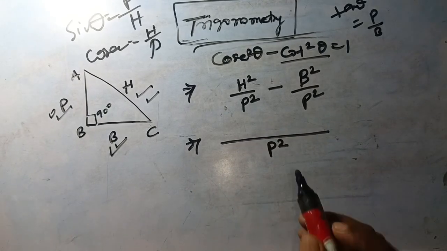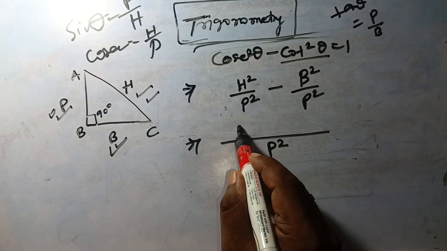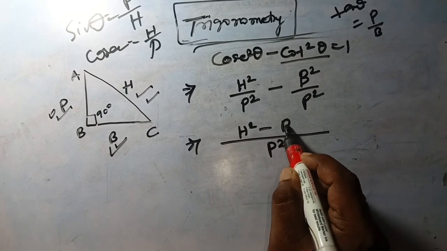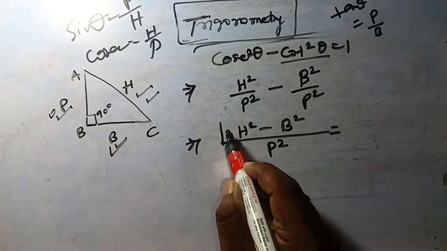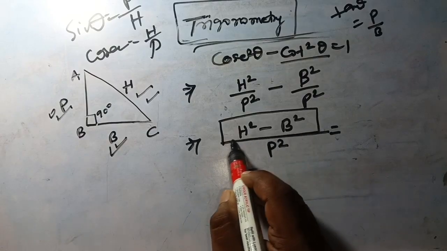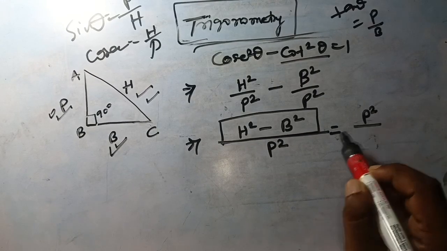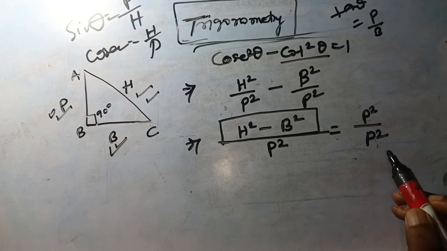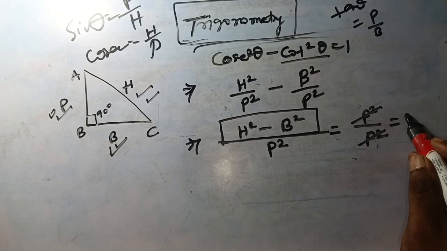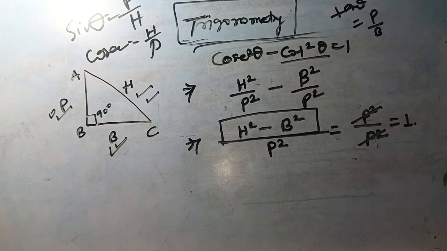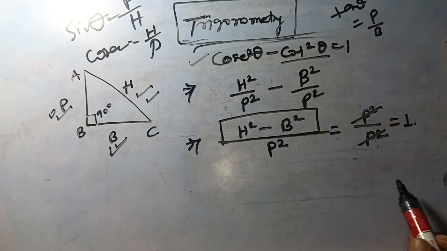It will become perpendicular square at the denominator and hypotenuse square minus base square at the numerator. And we all know from Pythagoras theorem, hypotenuse square minus base square is perpendicular square, and at the bottom it is already perpendicular square, so they will cancel each other and it will become 1. So we have also proved cosec square theta minus cot square theta is equal to 1.